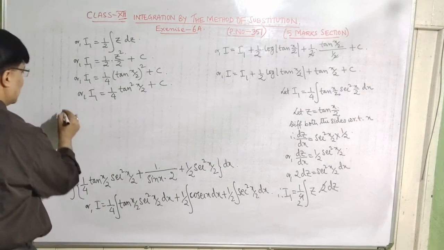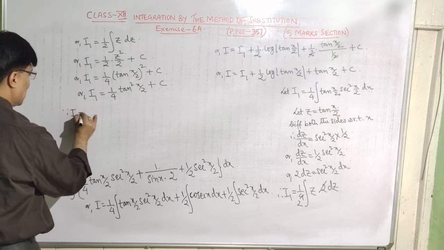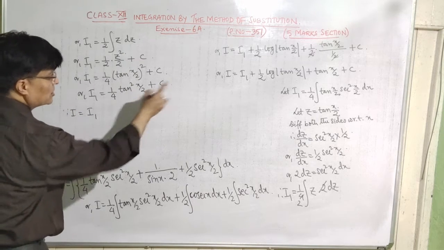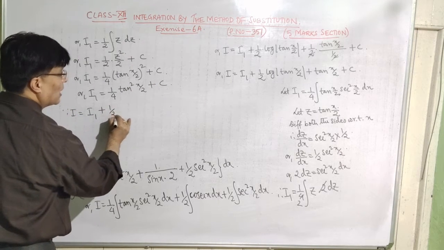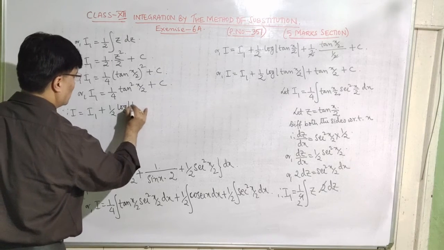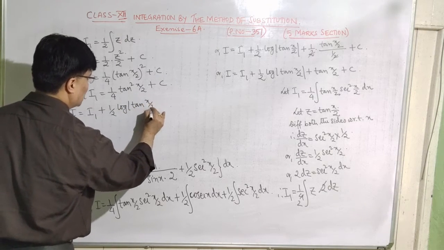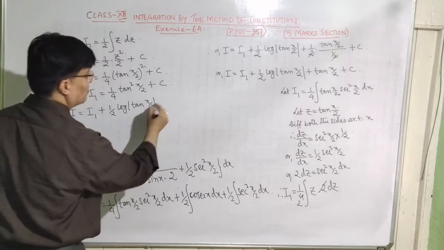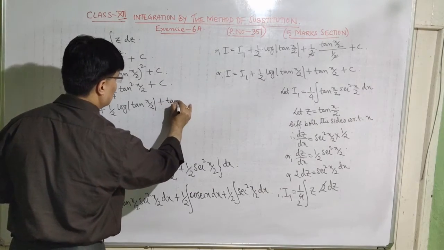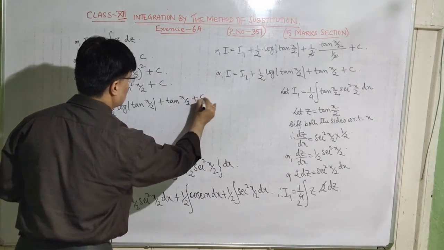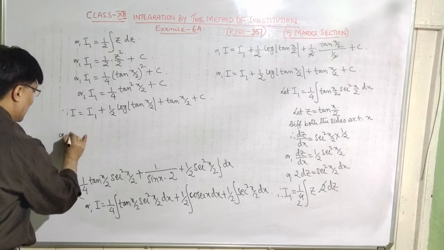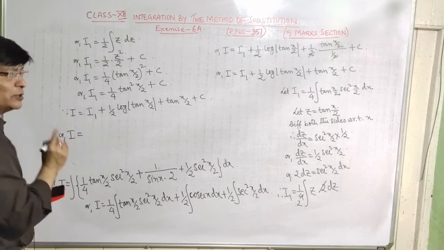So actually what is I? Since I is equal to, this is I1 plus half log within mod tan x by 2 plus tan x by 2 plus c, or I is equal to, now you have to put the value for I1.